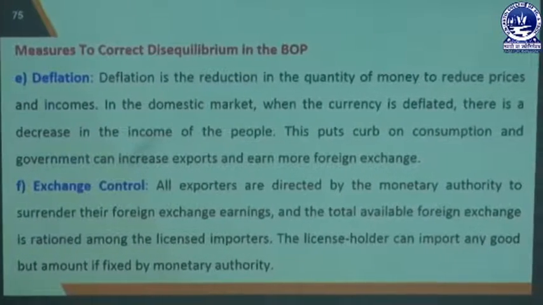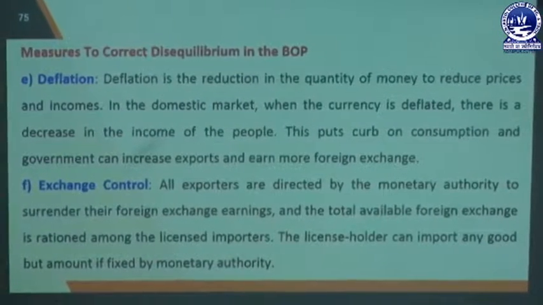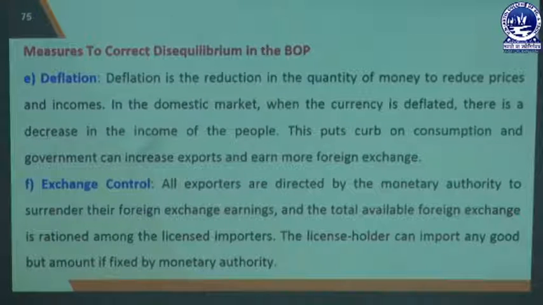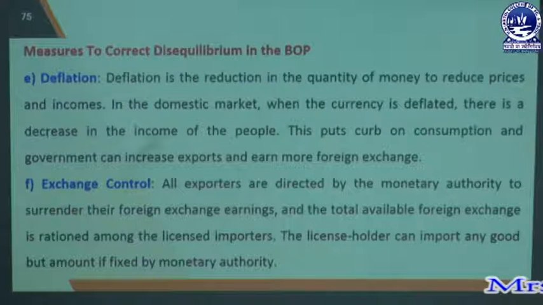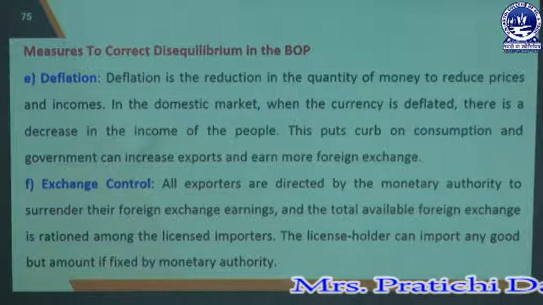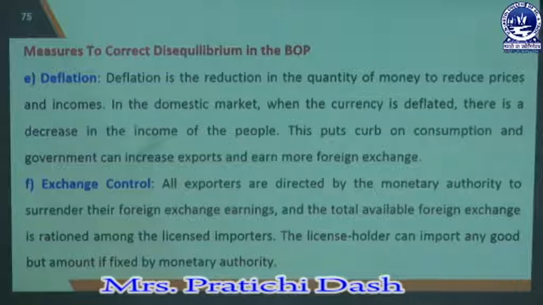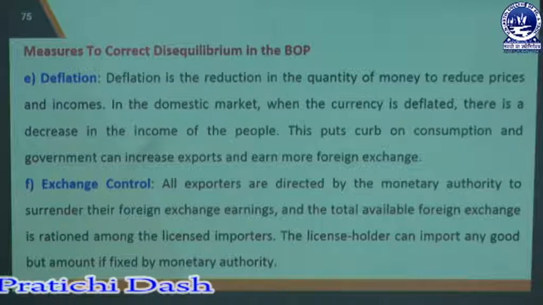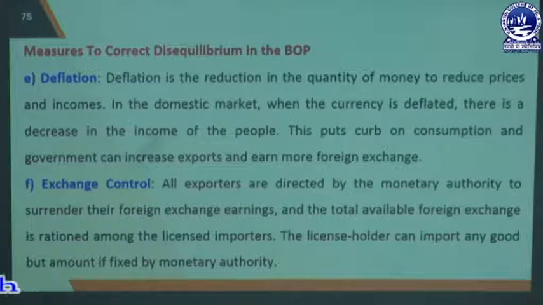Another measure for correcting the disequilibrium in the balance of payment is exchange control. All exporters are directed by the monetary authority to surrender their foreign exchange earnings, and the total availability of foreign exchange is rationed among the licensed importers, and the license holder can import goods up to the amount fixed by the monetary authority.